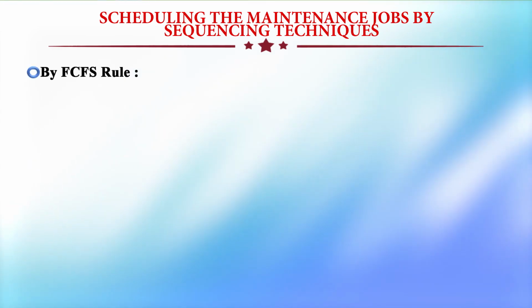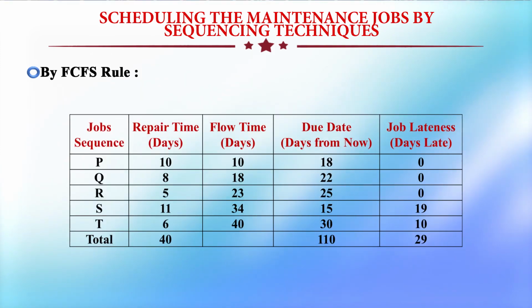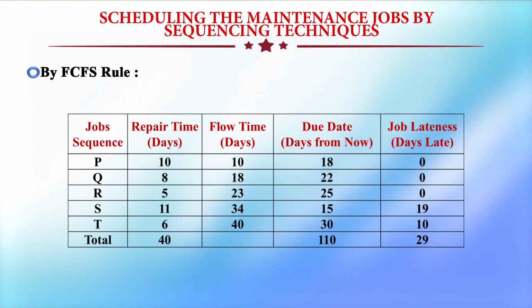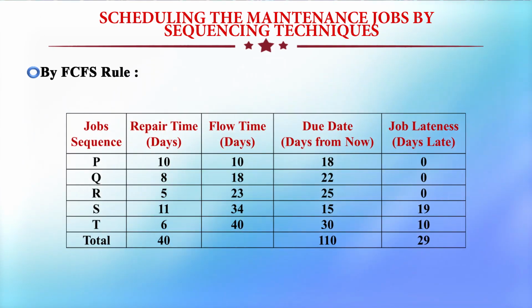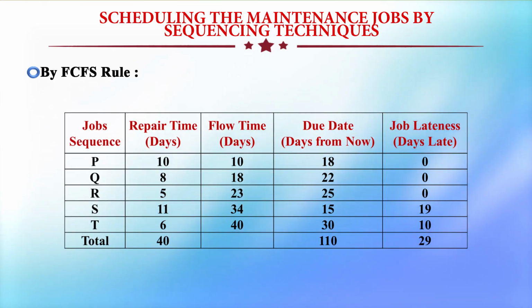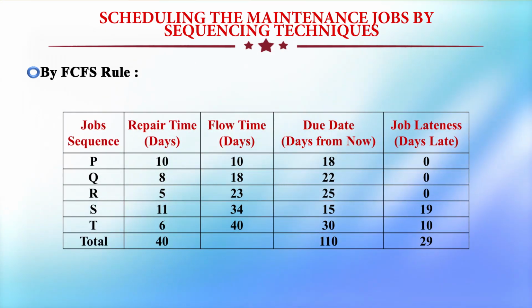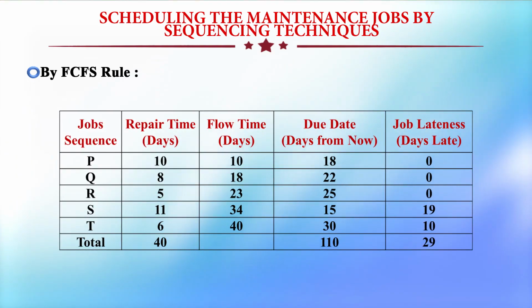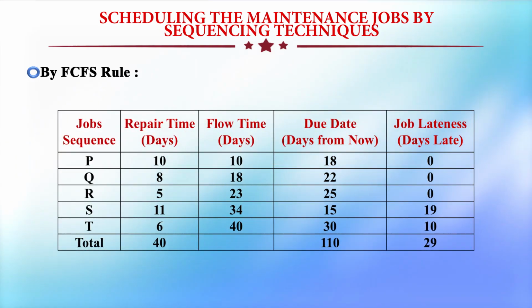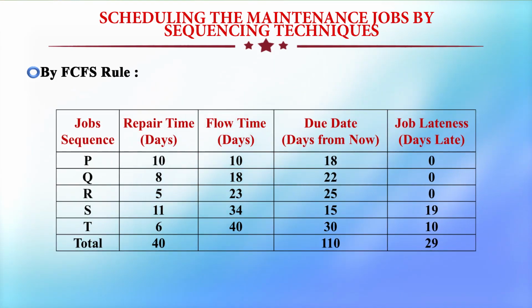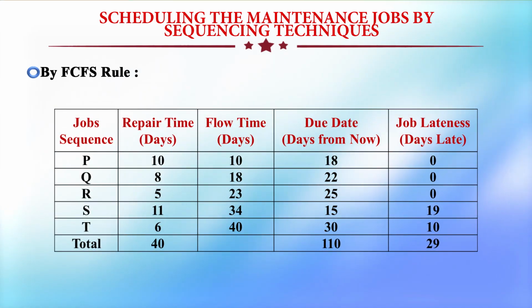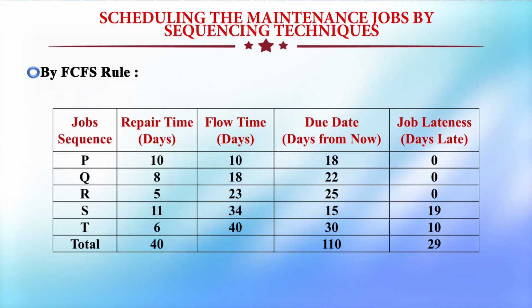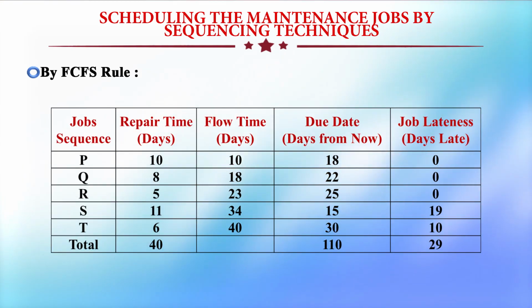And then the first come first serve rule is also shown here. So it is PQRST only, first in first out. Accordingly we have to calculate the flow time and find out the difference, the job lateness. Here the job lateness is around 29, but in the SPT rule the job lateness is 36 days. So that is the difference.